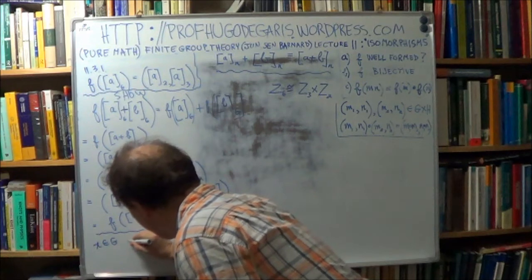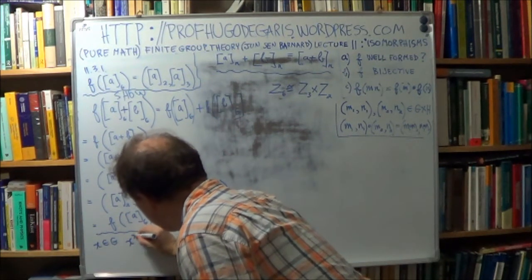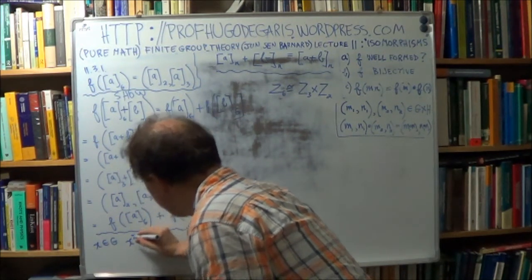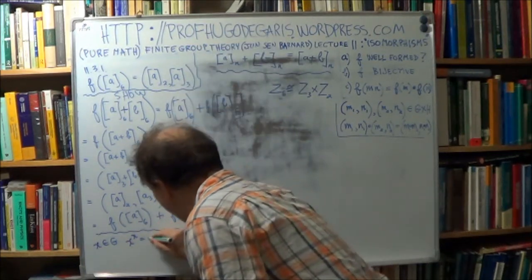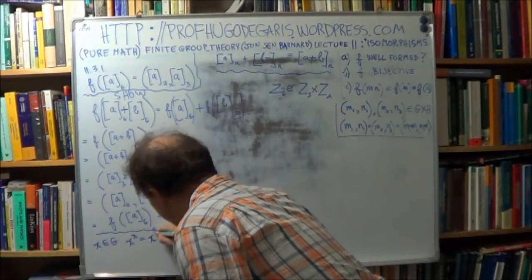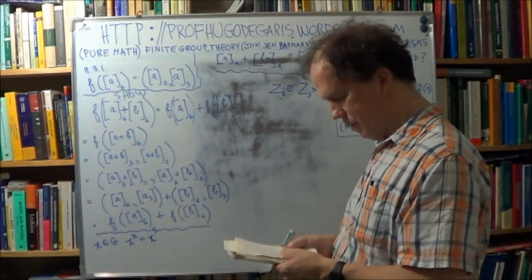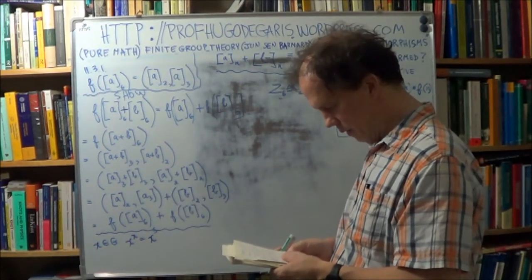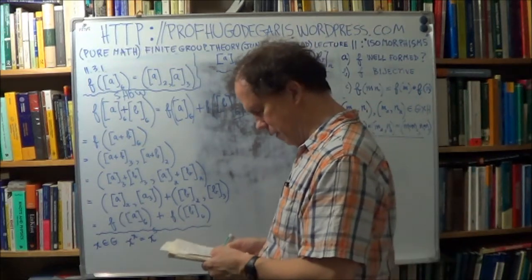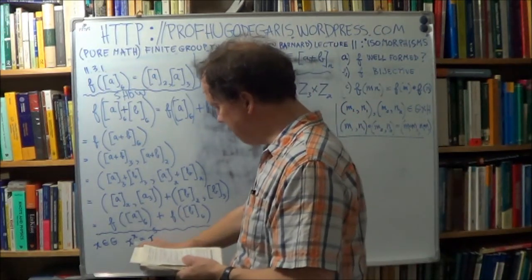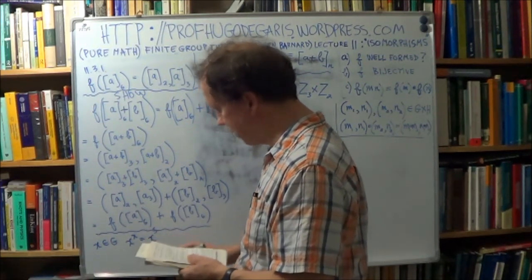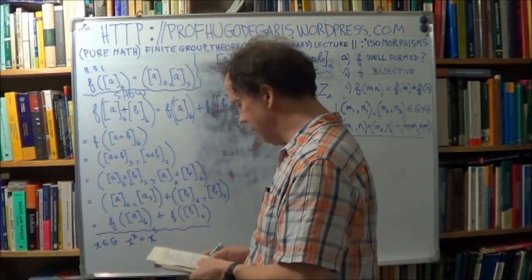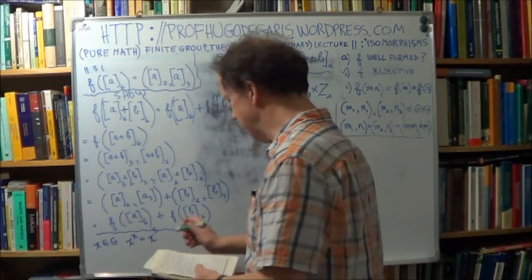And let r and s be integers. So we're saying two powers. If they're the same, if these two are the same, what does that say about r and s?